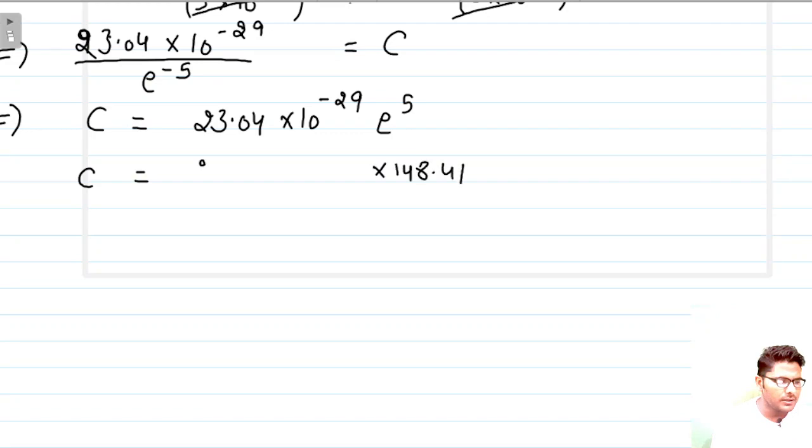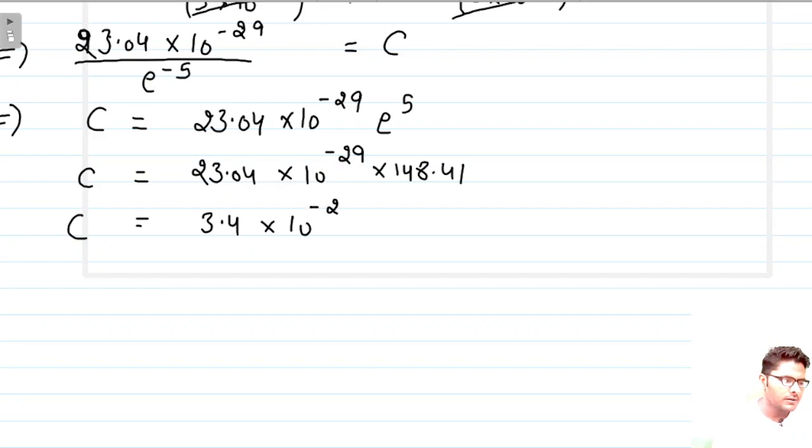So 23.04 into 10 raised to power minus 29 times 148.41, and this value will be 3.4 into 10 raised to power minus 26 newton meter square. As you know, we have derived its unit in the first part.